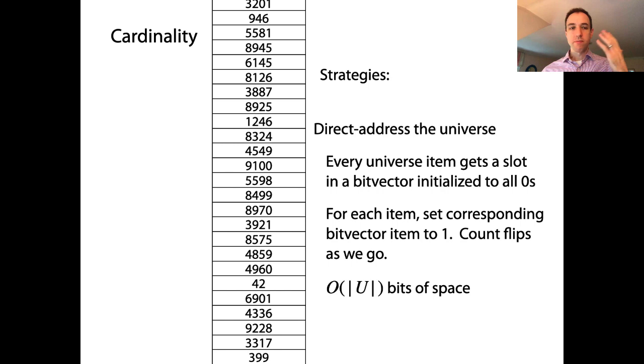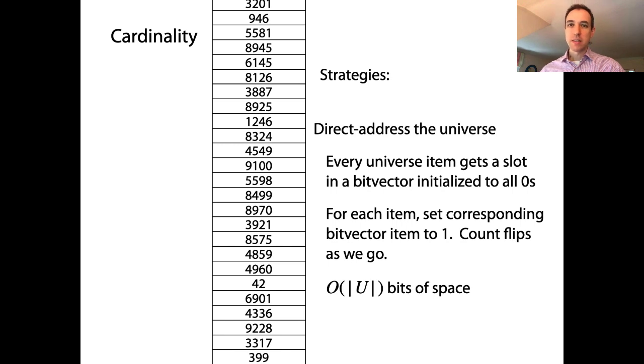So for example, if the data stream consists of numbers, let's say 32-bit numbers, then I have a 2 to the 32 sized universe. Any given value might be any of the 2 to the 32 choices.